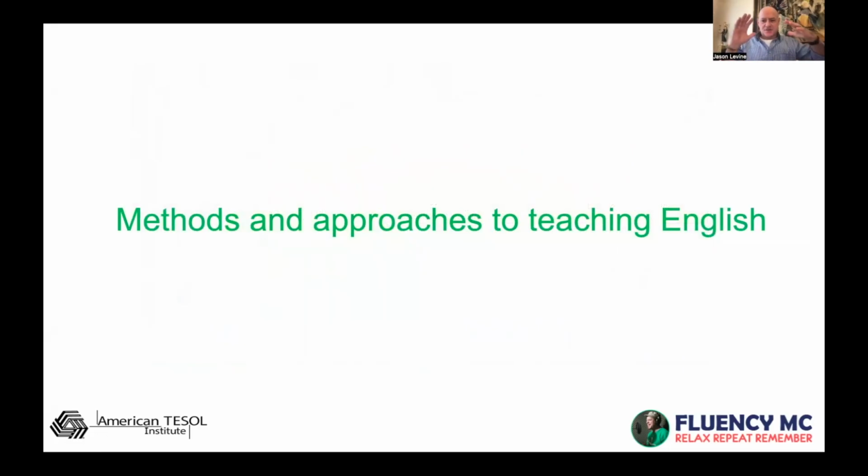So, taking what we just talked about, or I just talked about, but hope you listened. Taking what we just focused on in terms of how we learn and acquire a second language, let's look at methods and approaches to teaching English that have called upon those things to create the method or the approach.